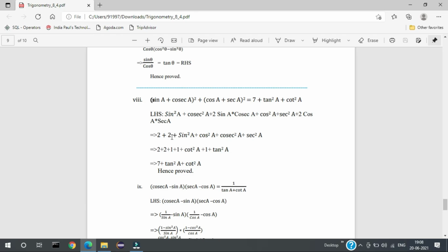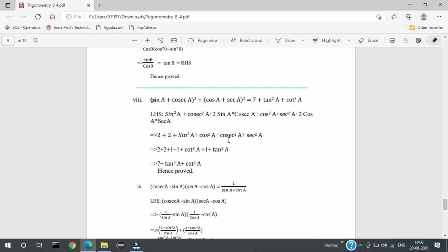So 2 plus 2 plus sin square A plus cos square A plus cosecant square A plus secant square A. Sin square A plus cos square A will become 1.